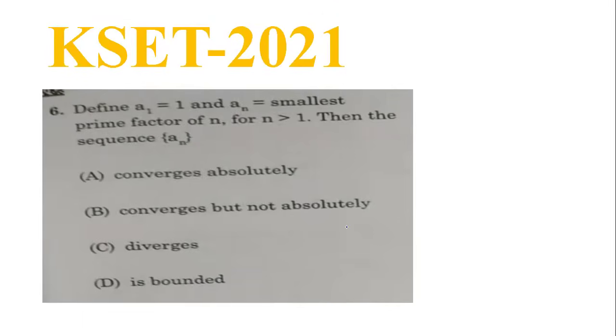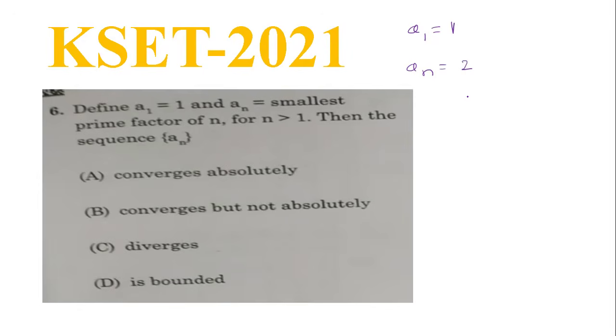Next, KSET 2021. Define A1 = 1 and A_n = smallest prime factor of n for n > 1. Then the sequence A_n.